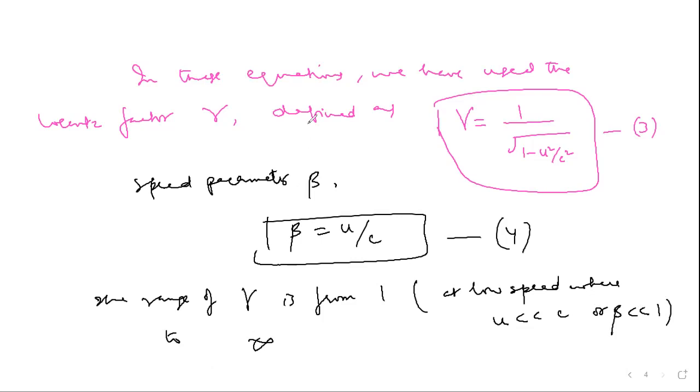And gamma is infinite at high speed, where u approaches c, or beta approaches 1.